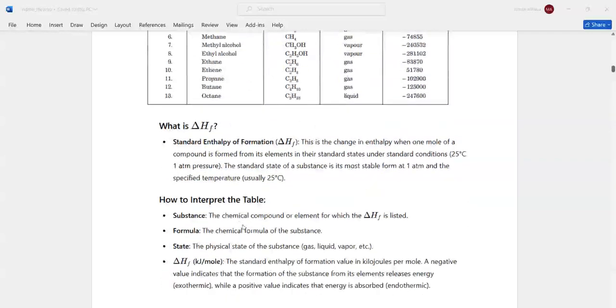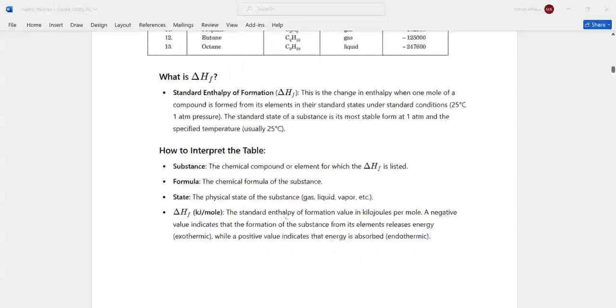Why? We see that for the chemical compound or element for which HF is listed, if the enthalpy of formation value in kilojoules per mole is negative, that indicates the formation of a substance from its elements, and this reaction will release energy, that is, it is exothermic.